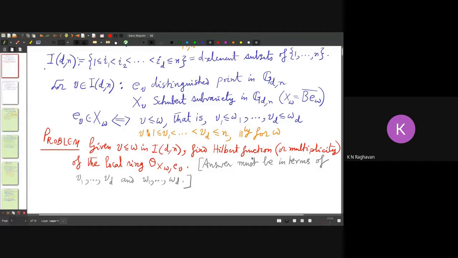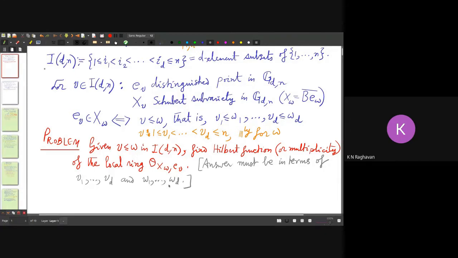Find the Hilbert function, or let's say the multiplicity, of the local ring of the Schubert variety at that point. The answer must be in terms of this combinatorial data: V_1 through V_d and W_1 through W_d are integers between 1 and n, with V less than or equal to W.